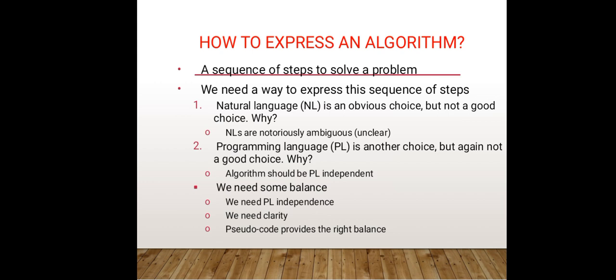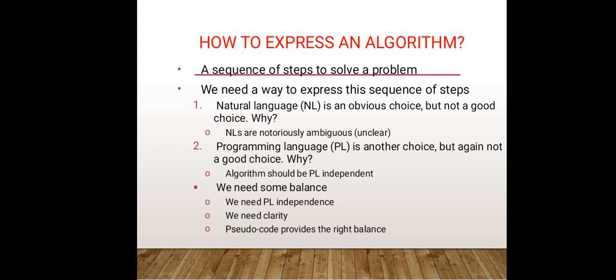Imagine you are watching a movie and it has attracted your attention, then suddenly it just cuts and ends, it's unclear, it has left you with a question mark. So that's what natural language is.